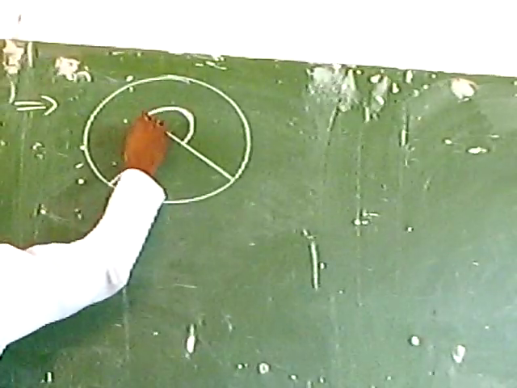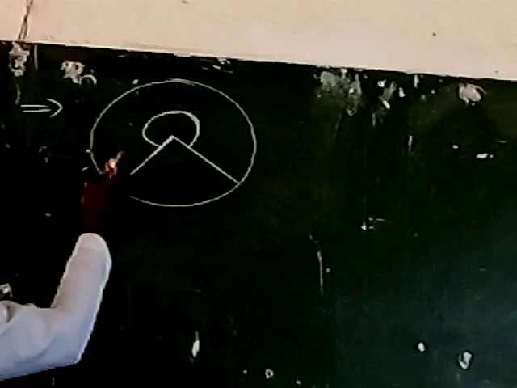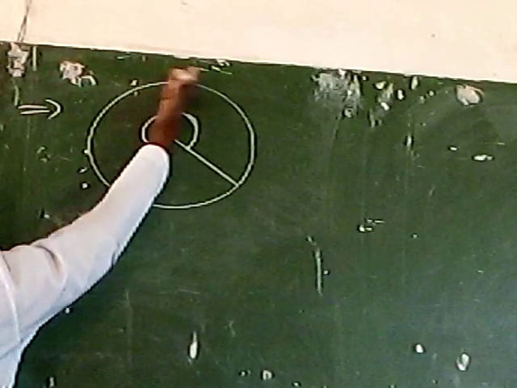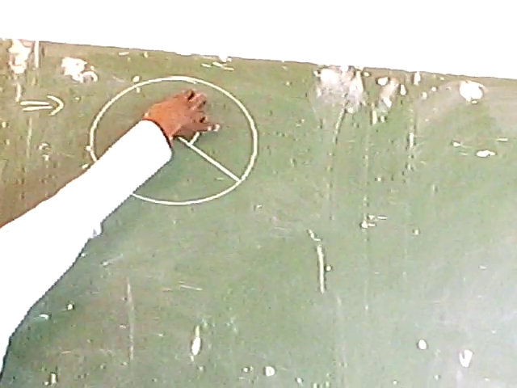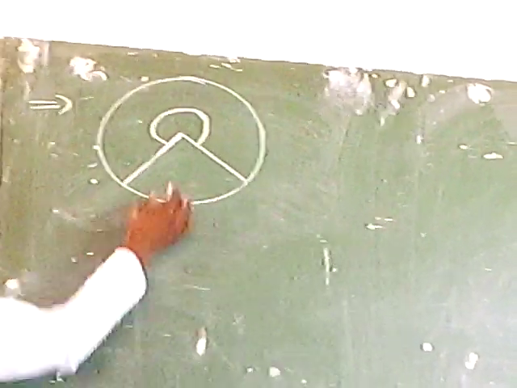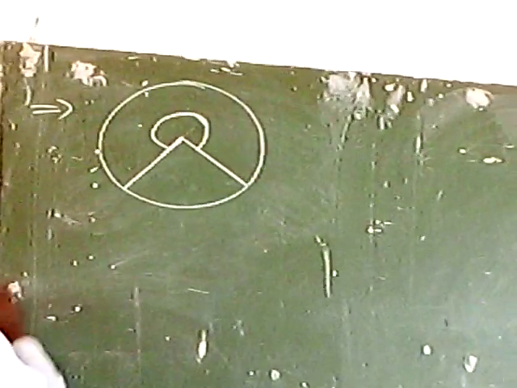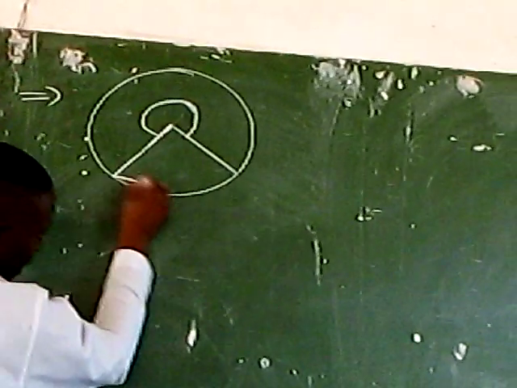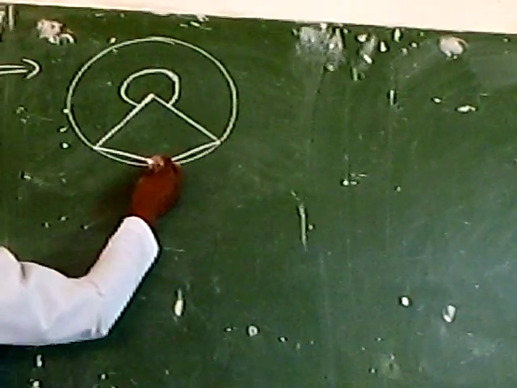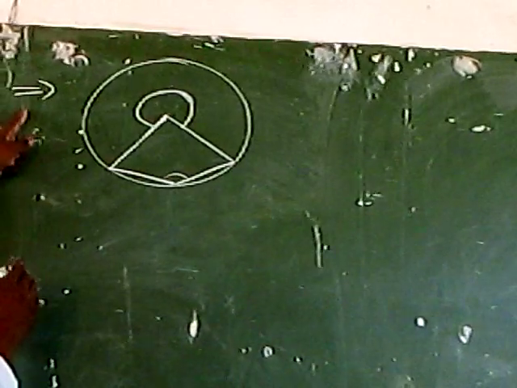This angle is actually in the major sector. The angle produced in the major sector. So this angle will be twice the angle that will be produced in the minor sector at the circumference. For example, if we produce any angle in the minor sector here, it will be half of this angle. That is scenario number 2.